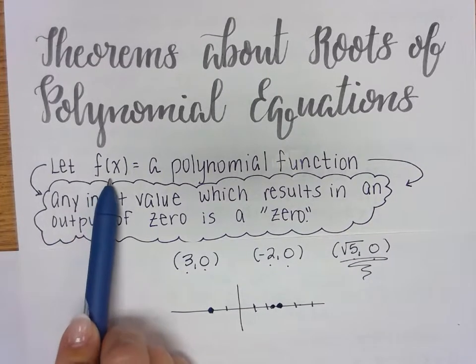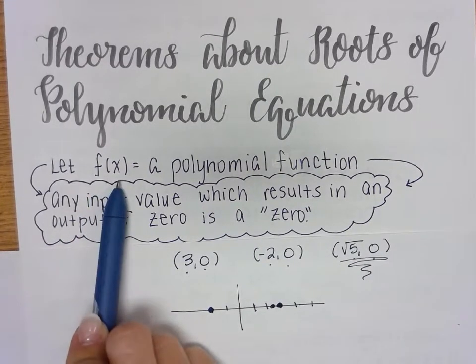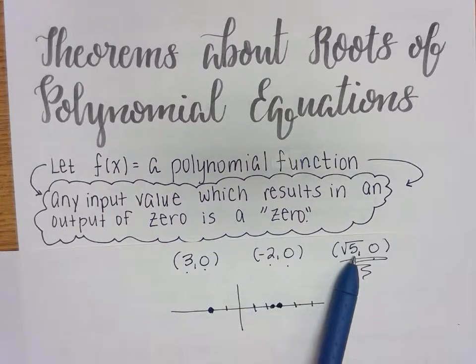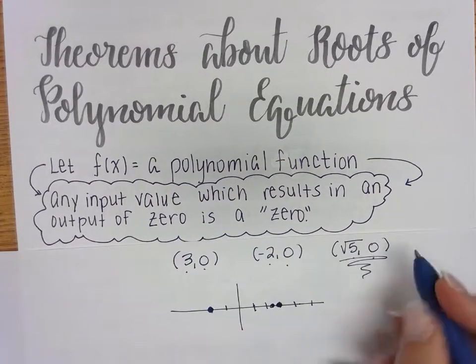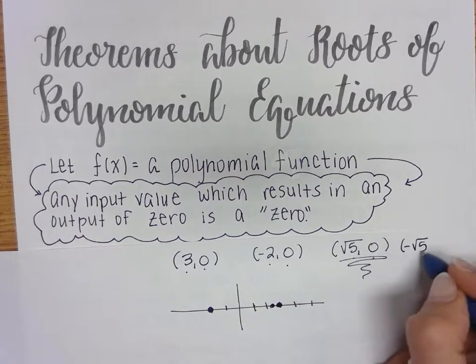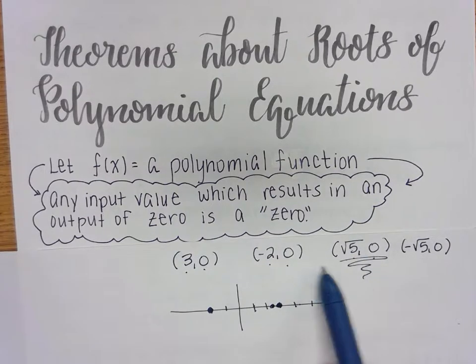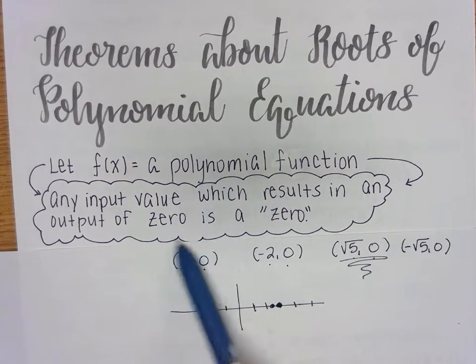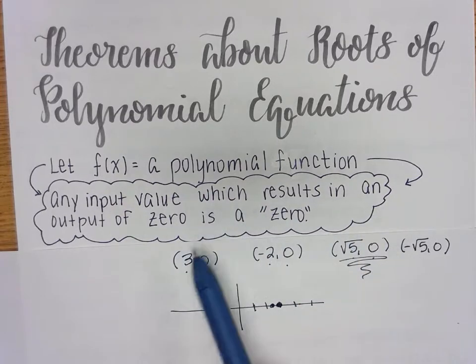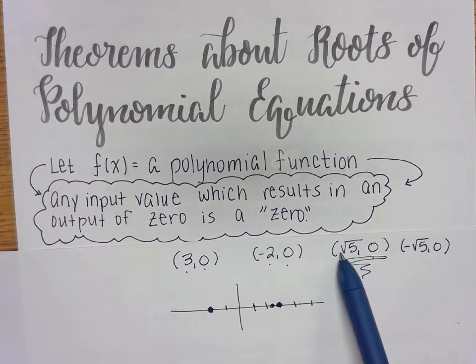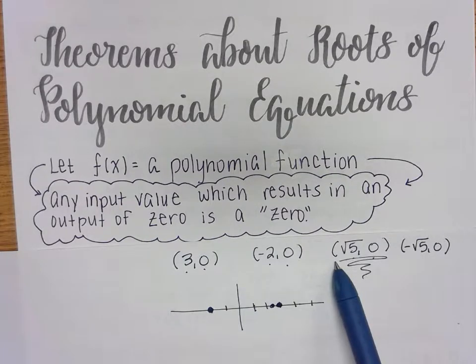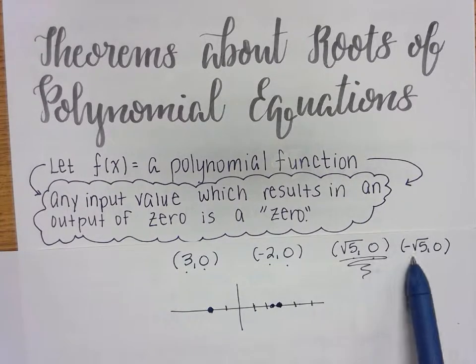If f of x, my polynomial function, had all integer coefficients, and square root of 5 is a solution or an x-intercept or a root, which we'll delve into more in a little bit, that means that negative square root of 5 will also be a solution or a root or a 0. All right, these irrational solutions, when you have a polynomial with integer coefficients, which is typically going to be the case when you're in algebra 2, your irrational solutions will come in pairs.